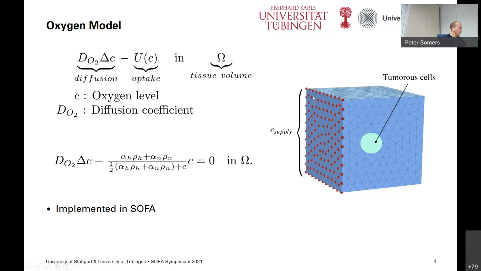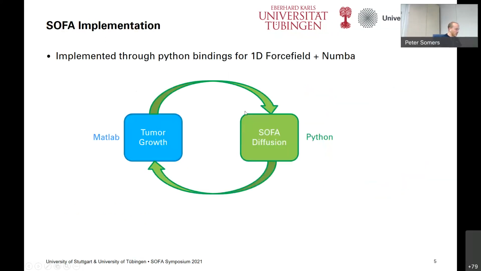And then for the simulation, basically we fixed a normal oxygen supply to one side of this cube mesh, and then placed a single cell in the MATLAB simulation in the center of the mesh, and then essentially had to talk between the two. So there was a bouncing back and forth between a static state simulation of the SOFA diffusion and oxygen setup, and then the tumor growth.